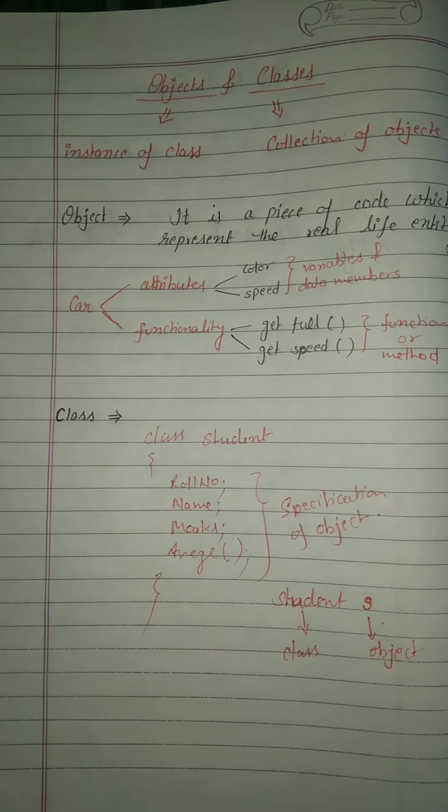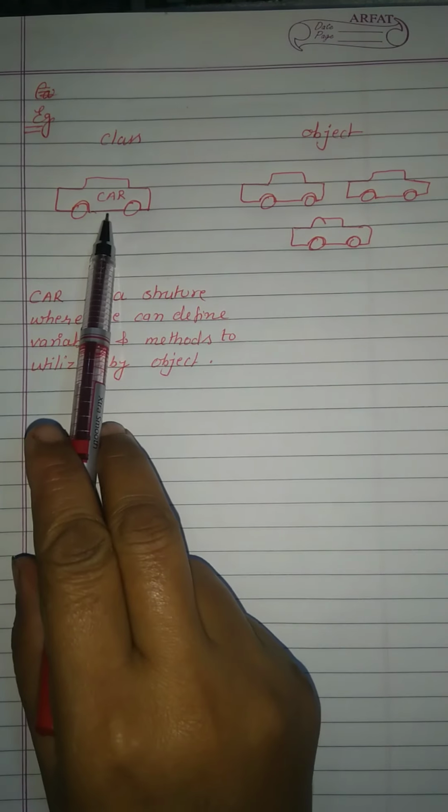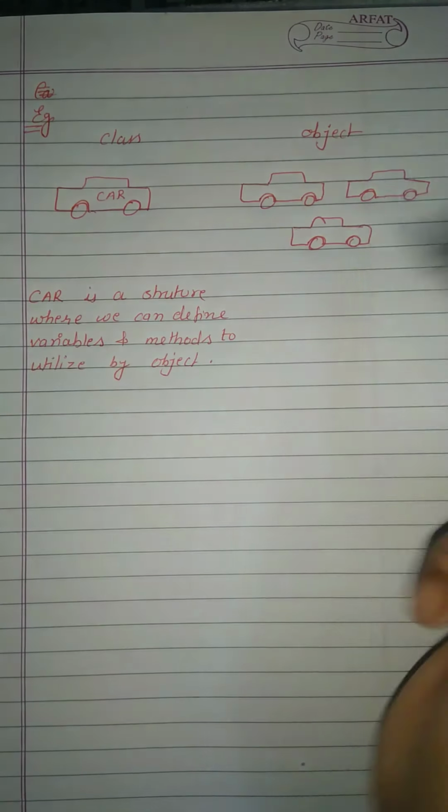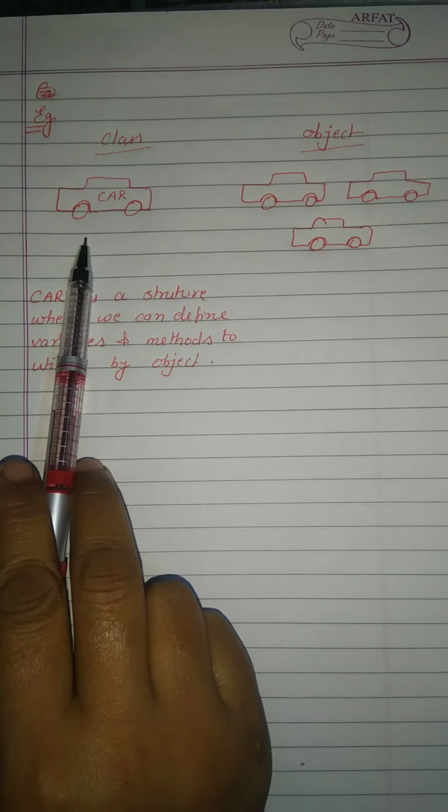Let's see an example. A real time example we will take here is a car. Here is the class, here is the object. Suppose a car is there.